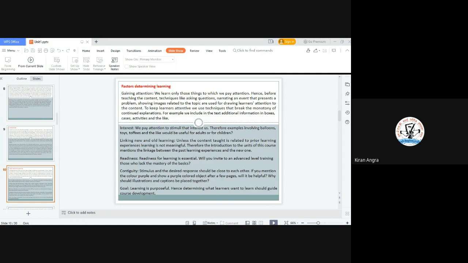Constructivists also underline the need for cognitive processes like thinking and reflecting on new information, but they feel that meaning making is a subjective process.